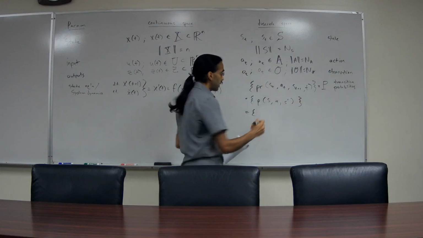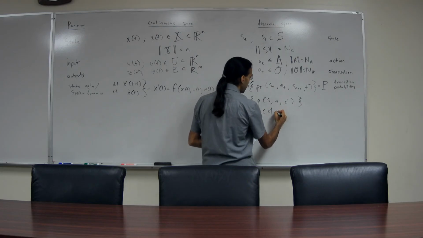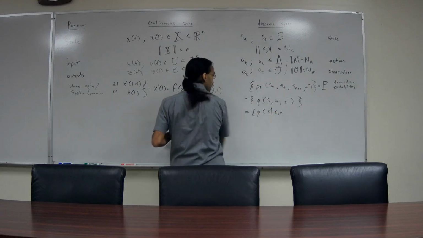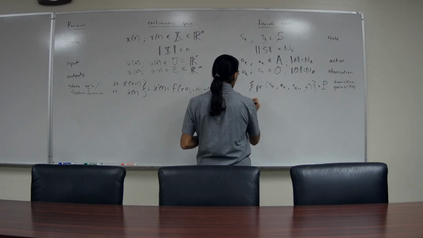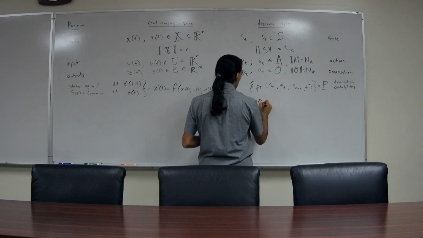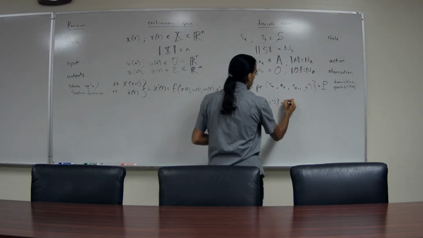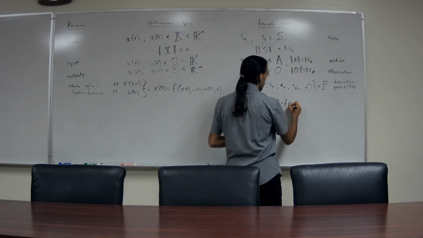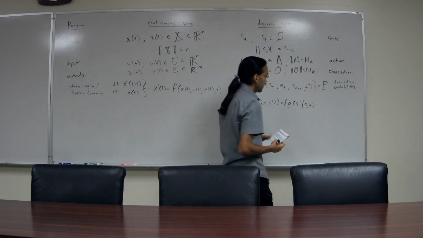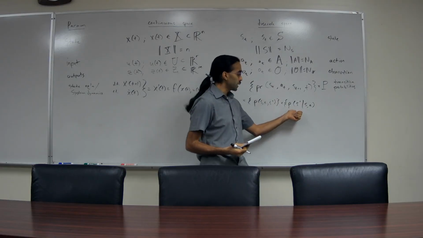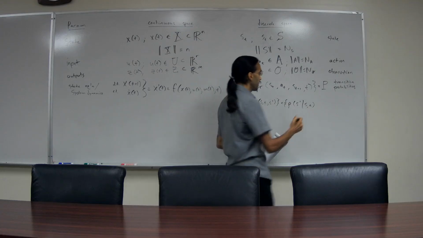Sometimes this is written out as P of S prime given A. And let me write this over here to save some space. So we could have P of S, A, S prime. We could have the set of P of S prime given S, A. That is the probability of ending up in a particular state, given that you started in a state and took an action from that state.